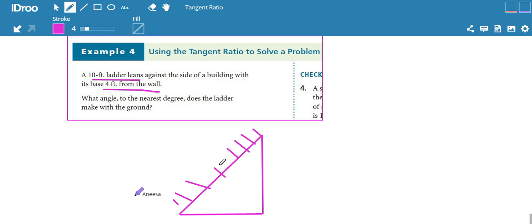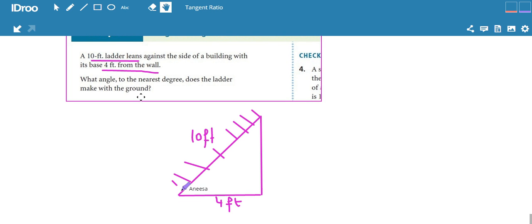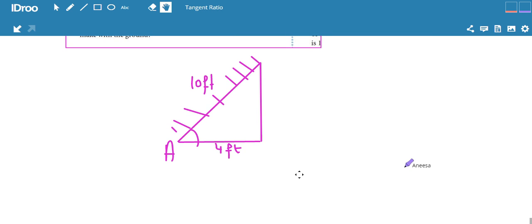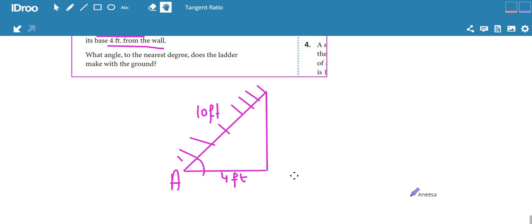It says the ladder's length is 10 feet, and then we have the wall with the base that is 4 feet. What angle does the ladder make with the ground? The angle would be this one. They've given it the name A. So you're going to find this angle A. It is so simple, you can do it yourself as well.